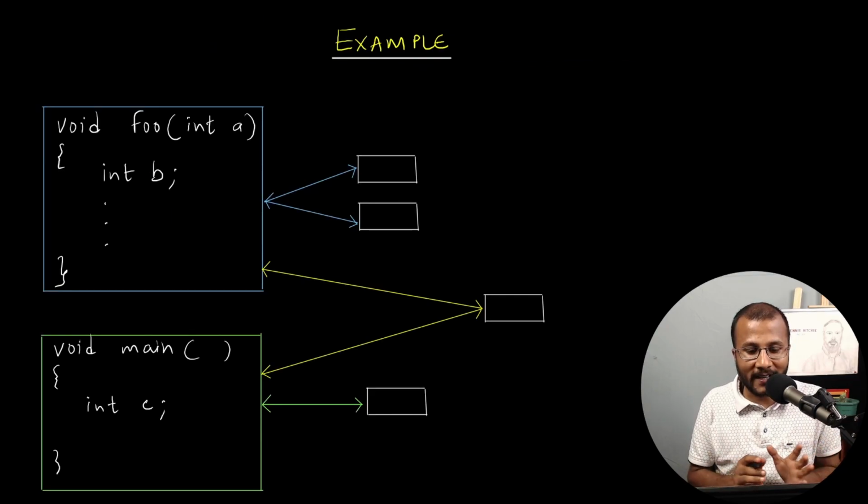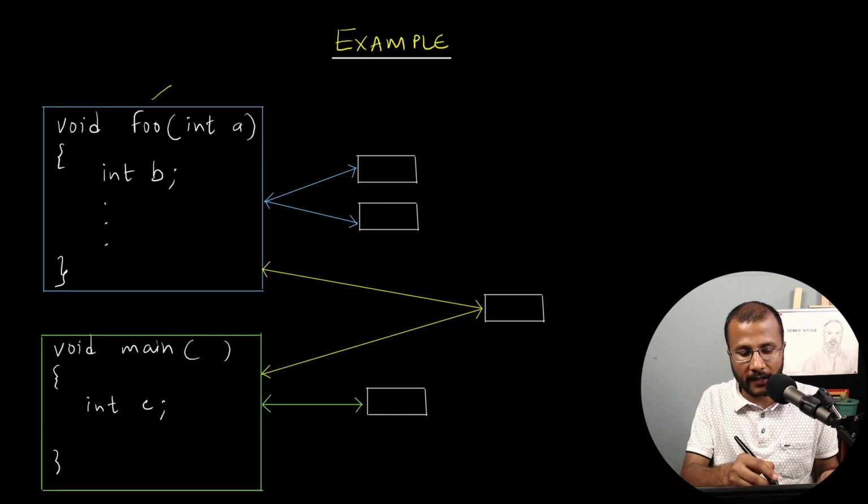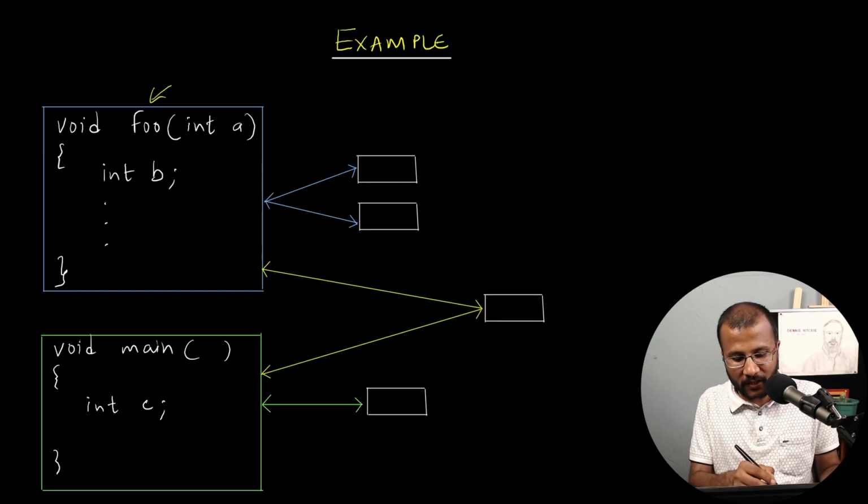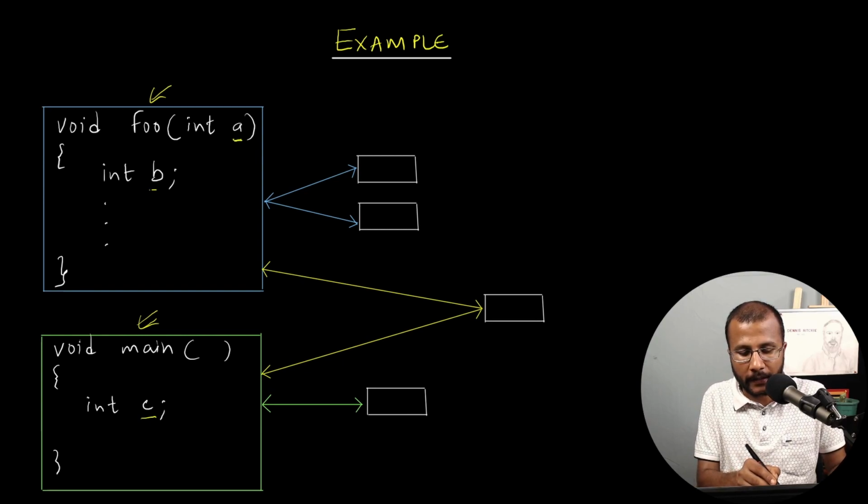Now let's try to understand local and global variables in more detail by taking this example. In this example there are 2 functions. The first function is called foo, which takes one integer argument and returns nothing. Now there is one more function, the main function, which has one variable c. Now let's talk about variable a and variable b. a is the argument and b is a variable that is defined in this function.